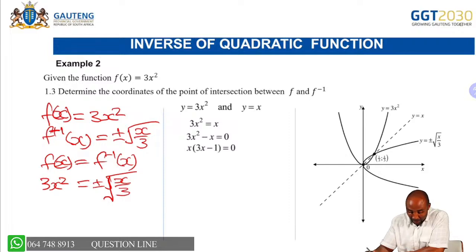Then we are going to get x using factorization, x bracket 3x minus 1, and we get our x as 0 and our y as 1 over 3.